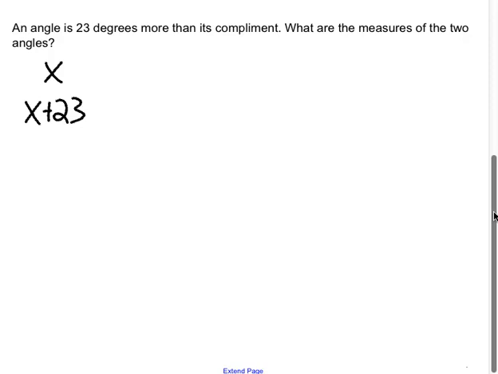Now the thing we need to remember is, what does it mean to be complementary? Well, complementary angles add up to 90 degrees. So what you need to do is remember that complementary angles are going to add up to give you 90.